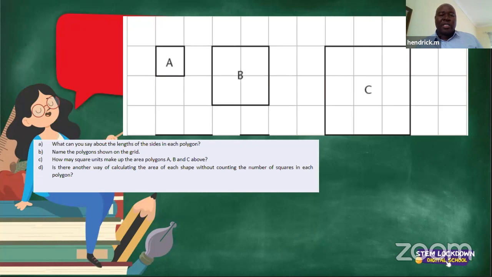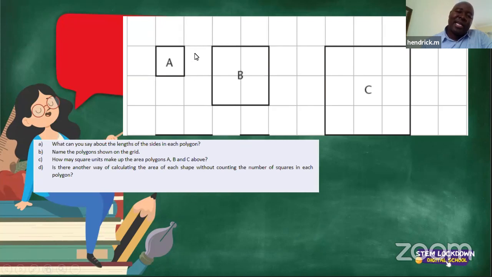The first question is, what can you say about the lengths of the sides in each polygon? We've already spoken about the square A. We said that the length is 1 centimeter. So if you were to calculate the perimeter of that smaller square, the perimeter will be 1 centimeter plus 1 centimeter plus 1 centimeter plus 1 centimeter.